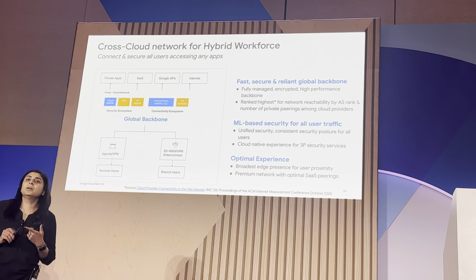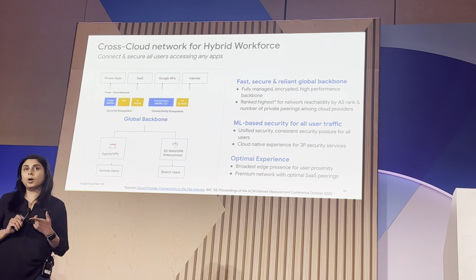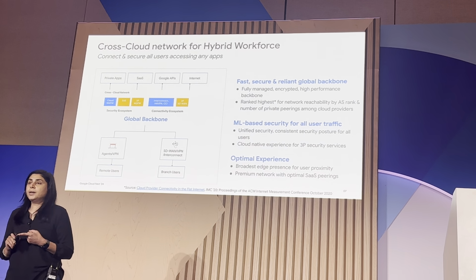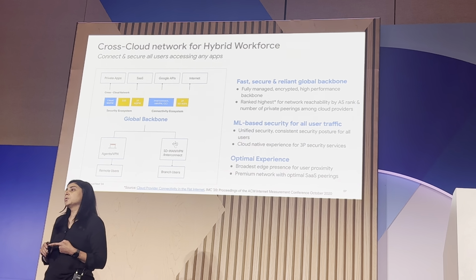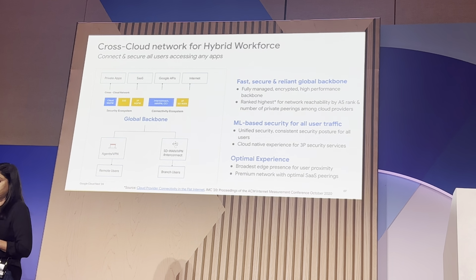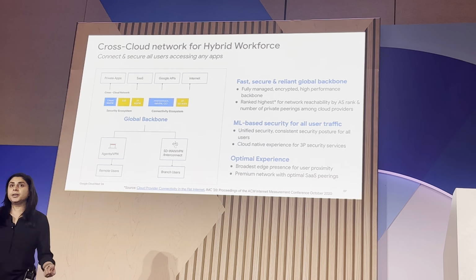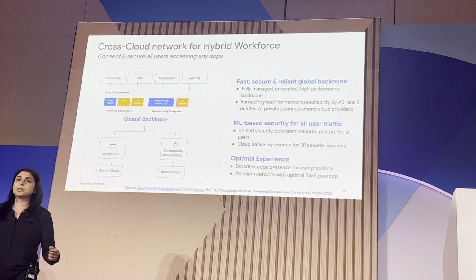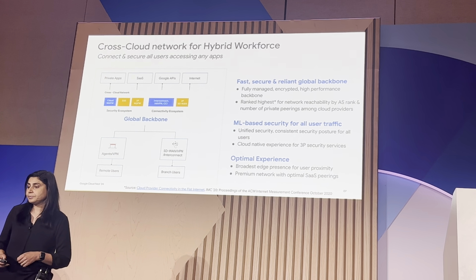You can enable a consistent security posture for all your users, whether they are remote or on-prem. You can have the most optimal experience for those users because you minimize the amount of time that the traffic stays on the internet. And you can also achieve some cost benefits as you consolidate your assets and move to a consumption-based model with our backbone as well as our security offerings.